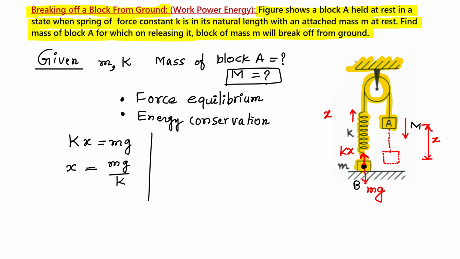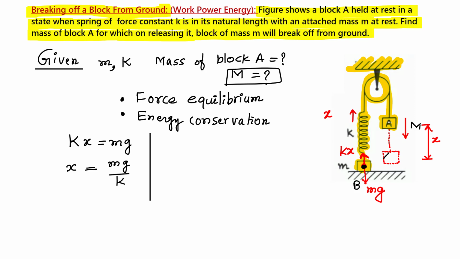Now energy conservation. We will use loss in potential energy equals gain in kinetic energy plus gain in potential energy of the spring. So the loss in potential energy of block mass M equals the gain in potential energy of the spring plus gain in kinetic energy of mass m. What is the loss in potential energy?